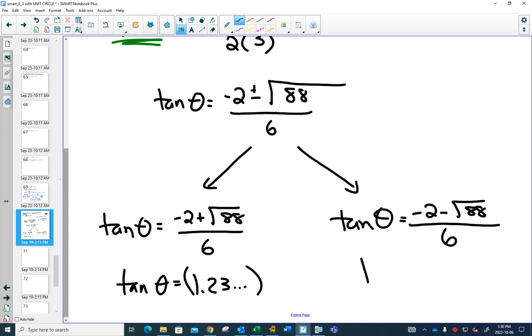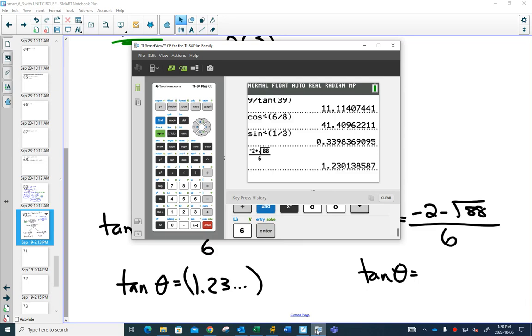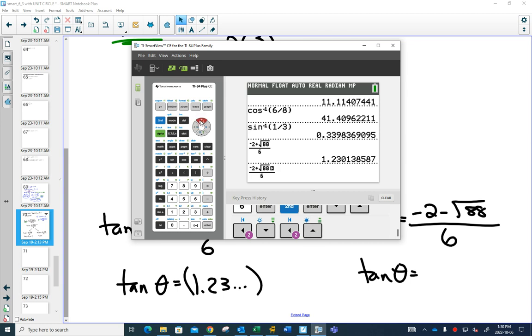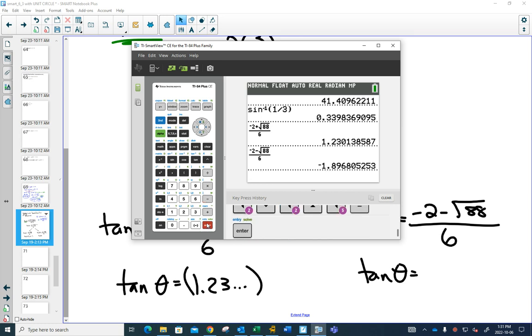And this one we could figure out as well. If I want to do that quickly, just retype what I had, and change that to a minus sign instead of a plus sign. And negative 1.89 dot, dot, dot.